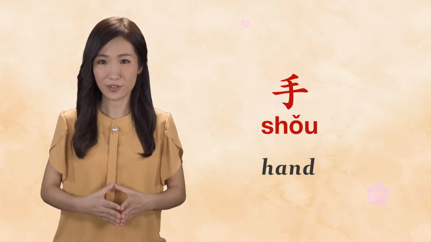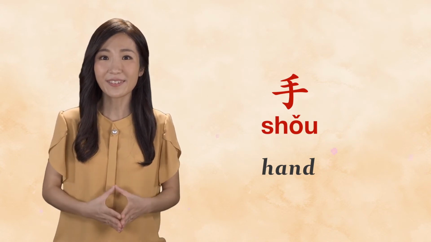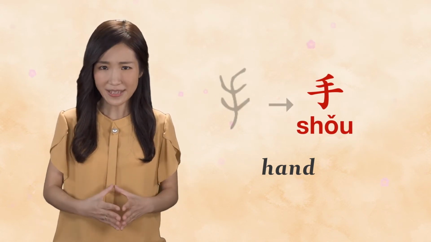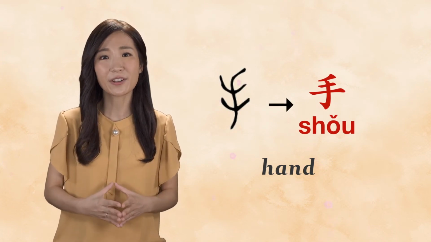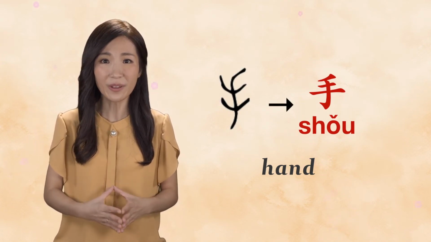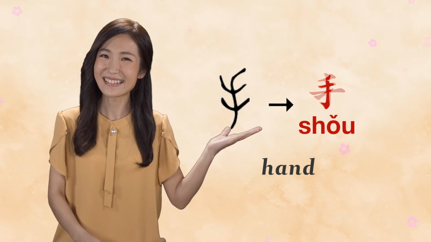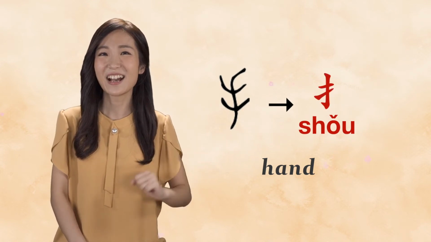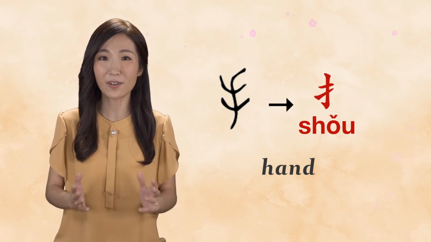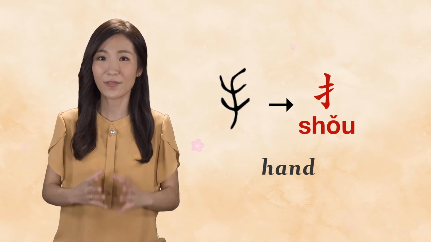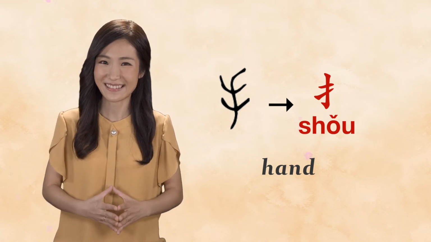Pronounce with me. 手. This means hand. Can you see the fingers? This character is also sometimes written in an alternate form. We'll talk more about this type of alternate form of character in a bit.